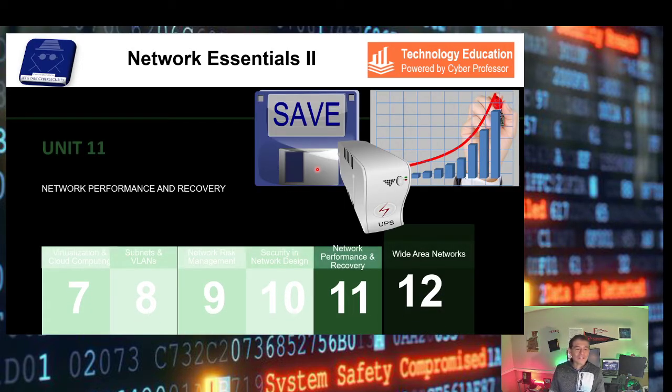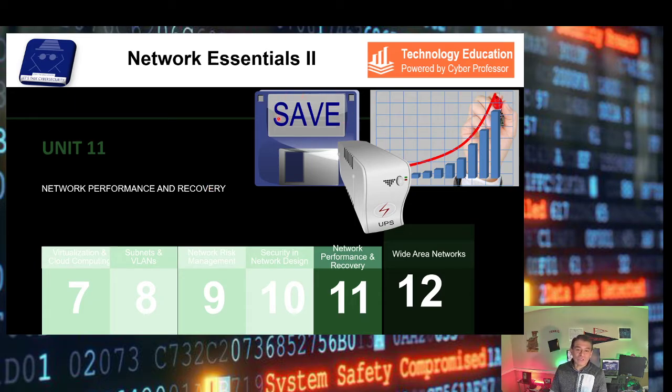Unit 11 will be network performance and recovery. You don't want to hear complaints from users, employees of the company that your network is very slow. So we are going to find ways of trying to monitor the performance of the network and look for ways to increase the performance. So that is the reason why you see the increase right here. And then recovery. Recovery is based on backups.